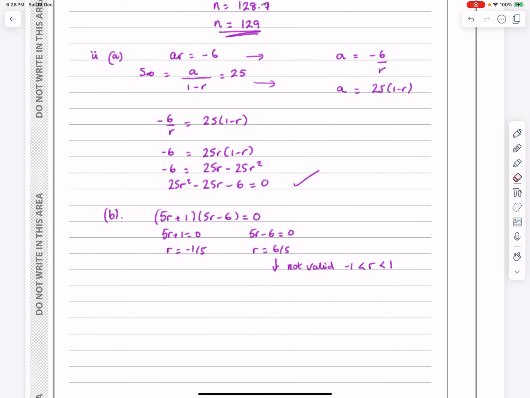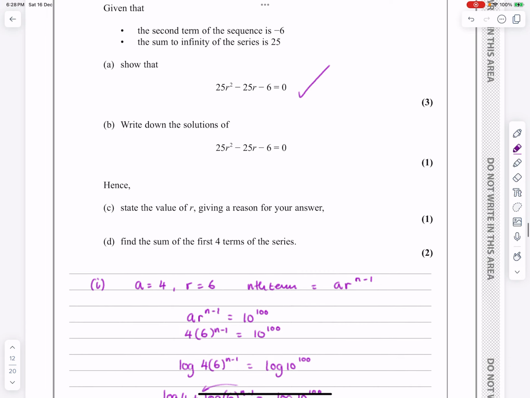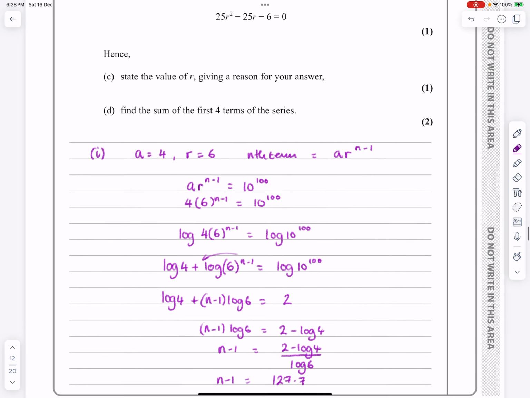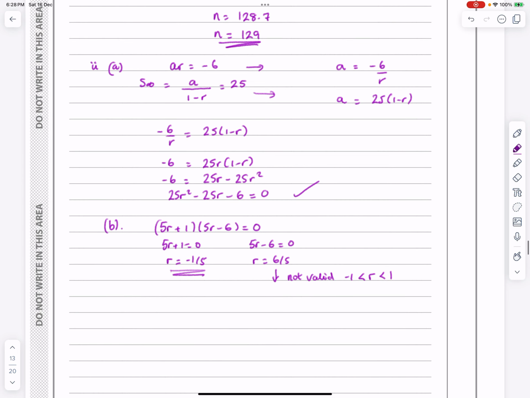So then it means that the left-hand one is actually my answer here. r is going to be equal to minus a fifth. And that's part C. So the two solutions to that equation are those, and then part C is to say r equals minus a fifth.